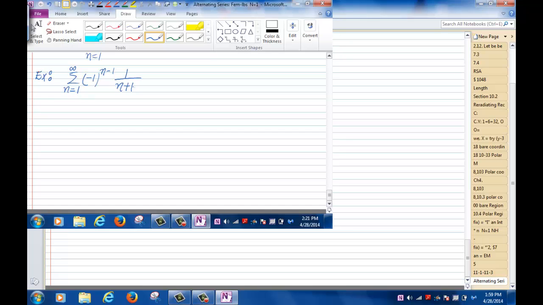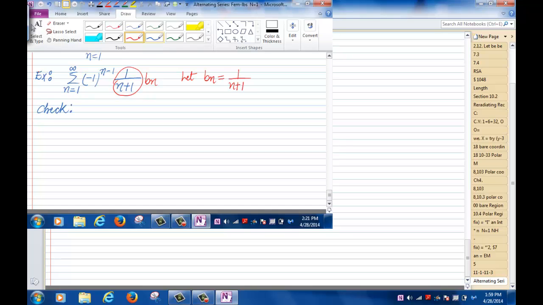Is this series convergent? First of all, is it alternating? Yes, so I can use the alternating series test. So what do I have to answer here? I have to check two things. Let's call this guy Bn, so let Bn be 1 over n plus 1.